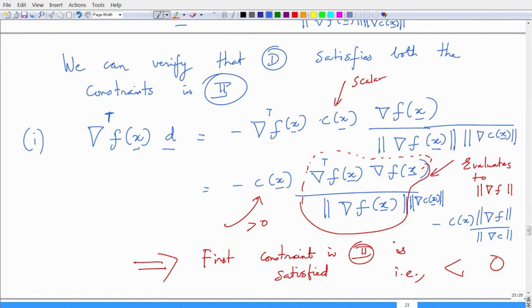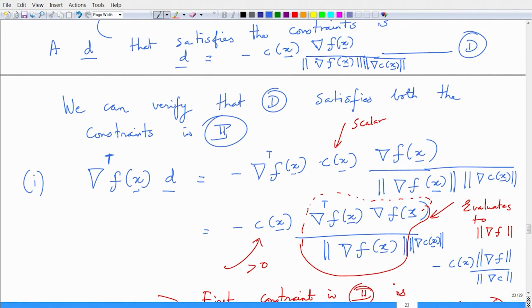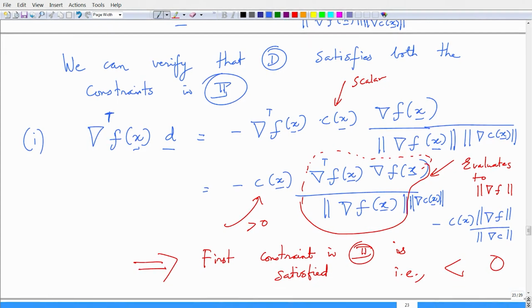All of the other quantities are positive, that is norm del f and norm del C, that ratio is positive, C is positive. So, you have a negative sign sticking to two positive products. Therefore, the first constraint is satisfied because del f times D is strictly less than 0. Of course, you have to bear in mind that in the numerator the del f and del C are non-zero quantities.